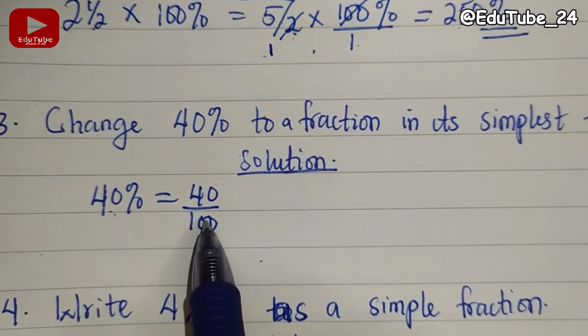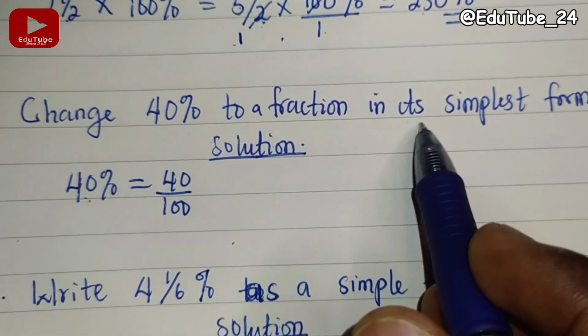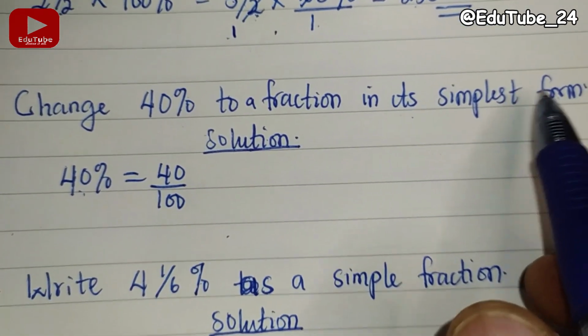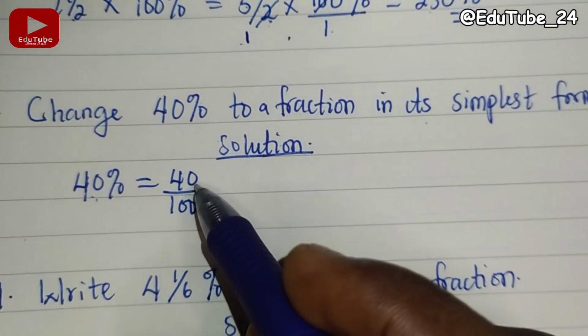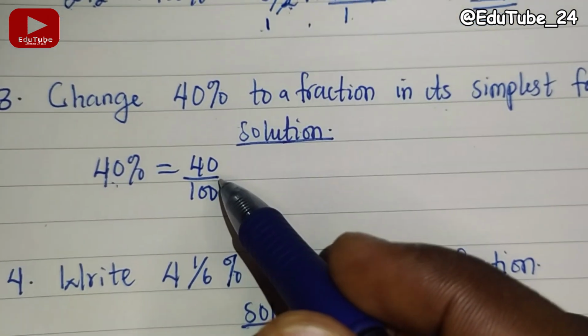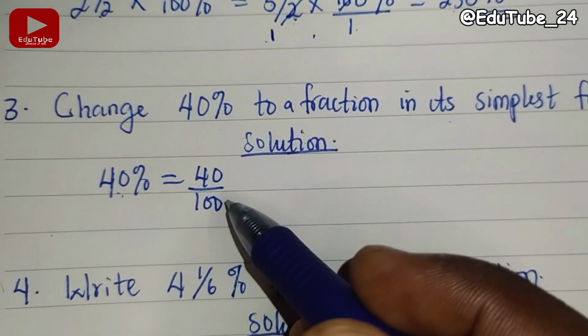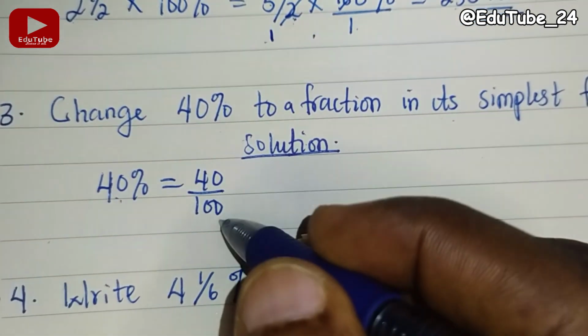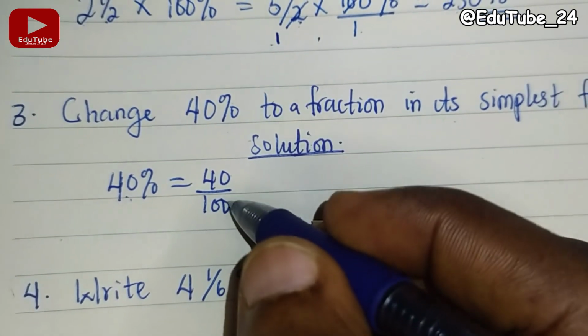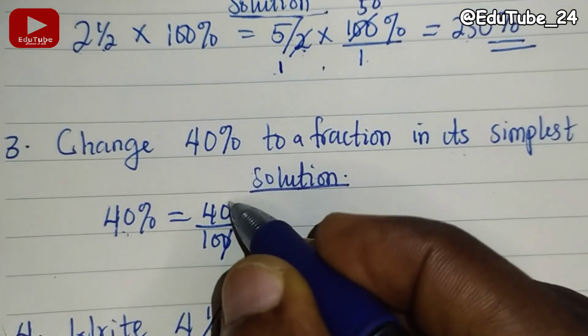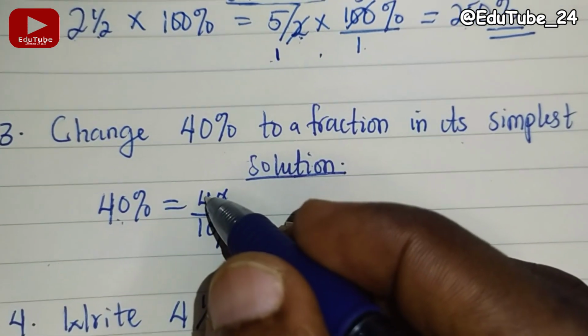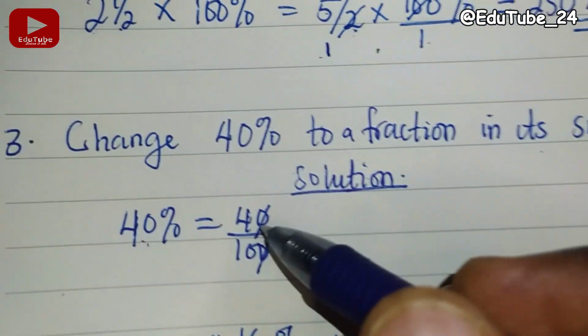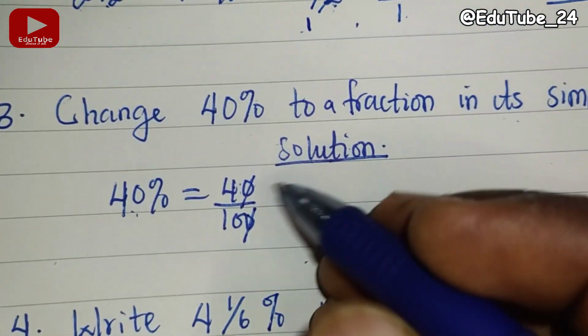But we are not meant to leave it like this, because the instruction says in its simplest form. If a fraction has a large number, you are meant to simplify it to its lowest form. So we'll look for what can divide the numerator and denominator. First, we cancel this 0 out. Then we are left with 4 and 10, which have a common factor, 2.